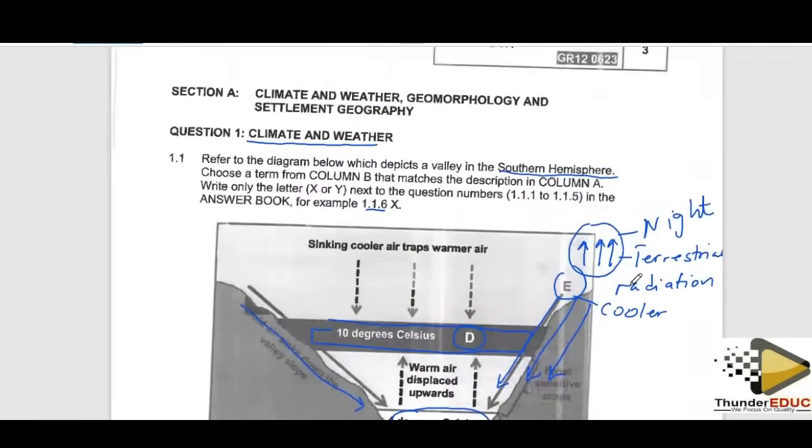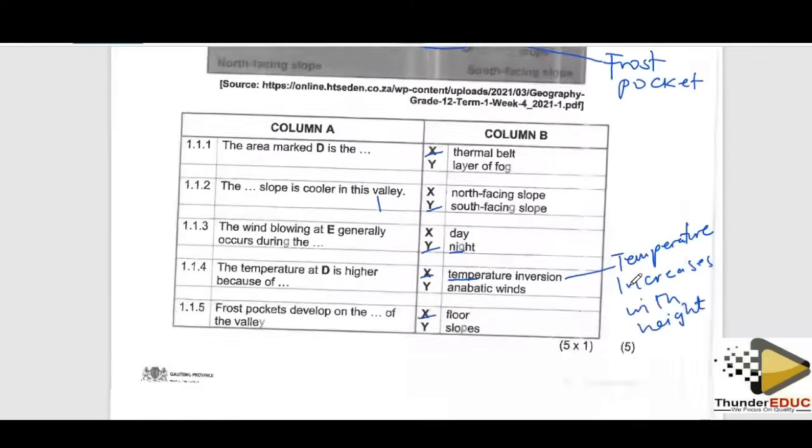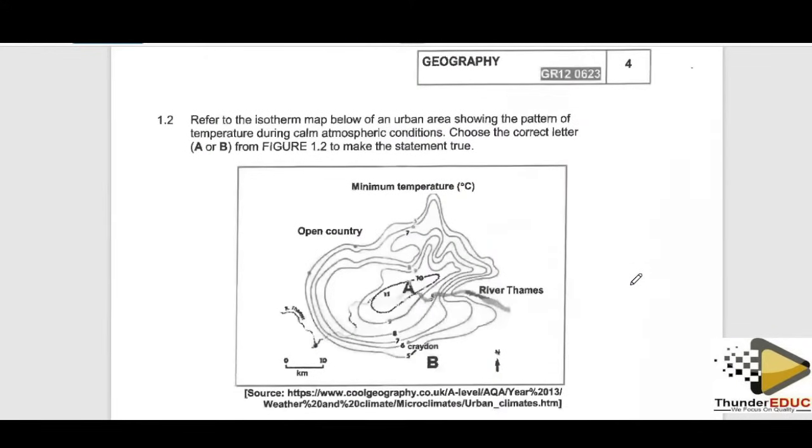All right, let us proceed to the next question, which is 1.2. They're saying, refer to the isotherms below of an urban area showing the pattern of temperature during calm atmospheric conditions. Choose the correct letter, A or B, from figure 1.2 to make the statement true.